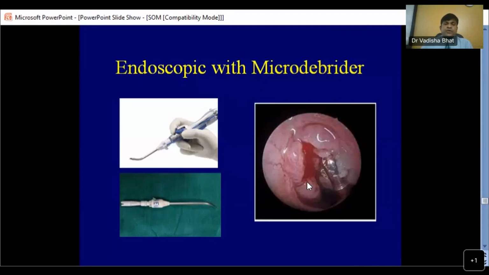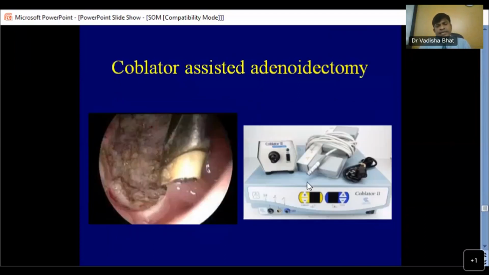The latest one most of us are using now is the coblator-assisted adenoidectomy. The coblator simply evaporates the adenoid tissue. There won't be anything left when we ablate using a coblator.